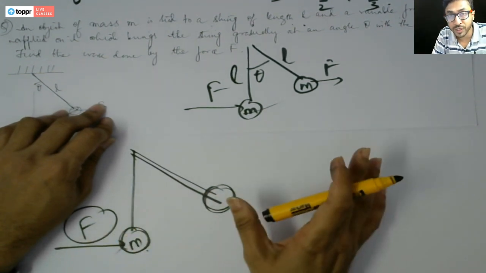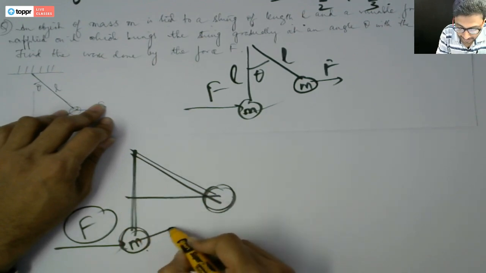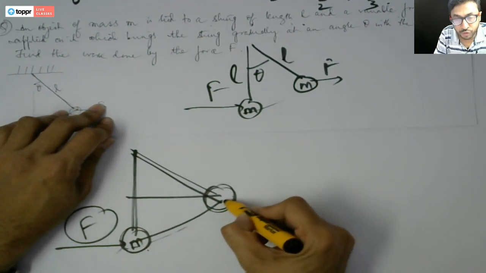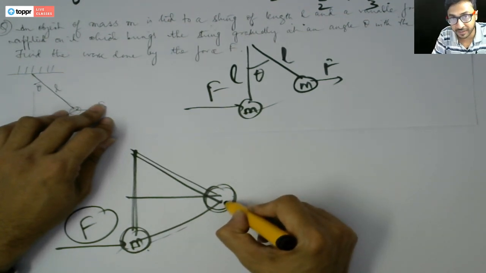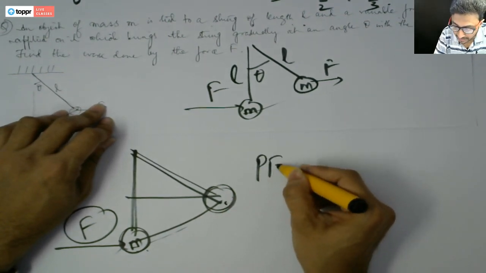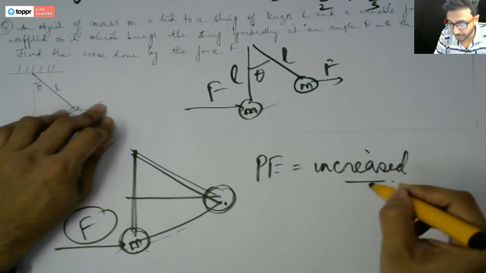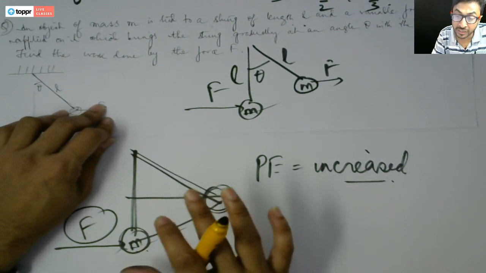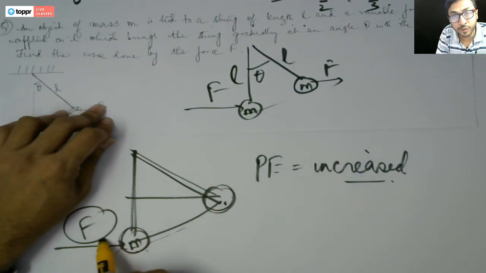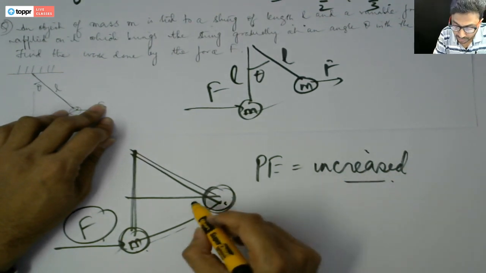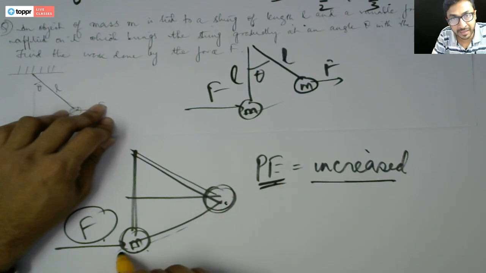So there is no question of kinetic energy. When a body is moving through a height, its potential energy is increased, but kinetic energy is 0. So definitely it is being done by this force. So the work done is nothing but the increase in potential energy in this case.